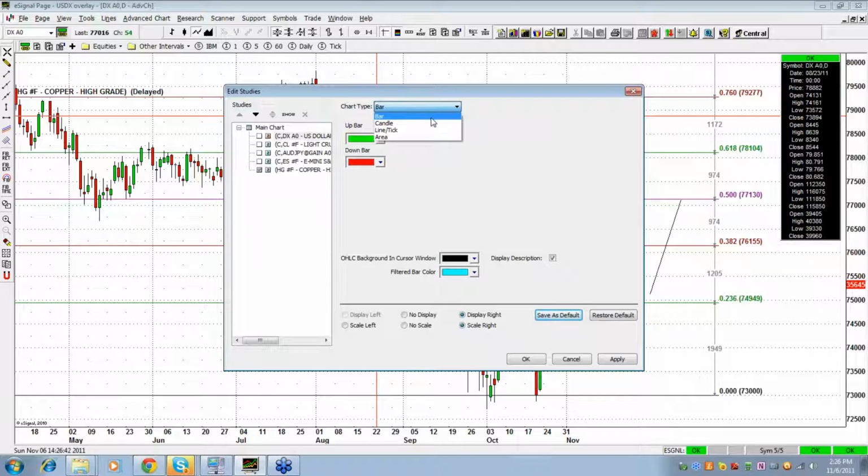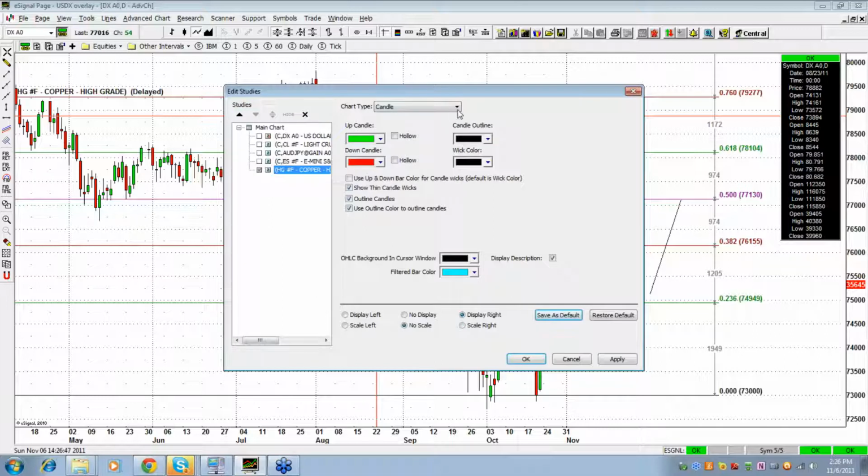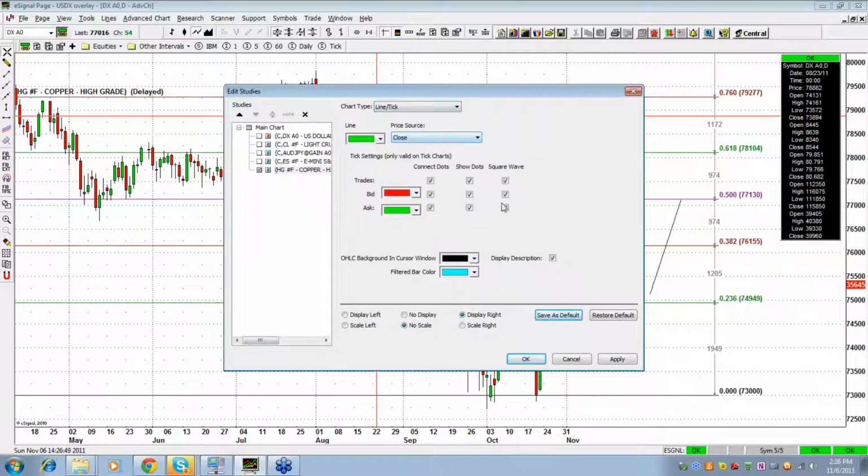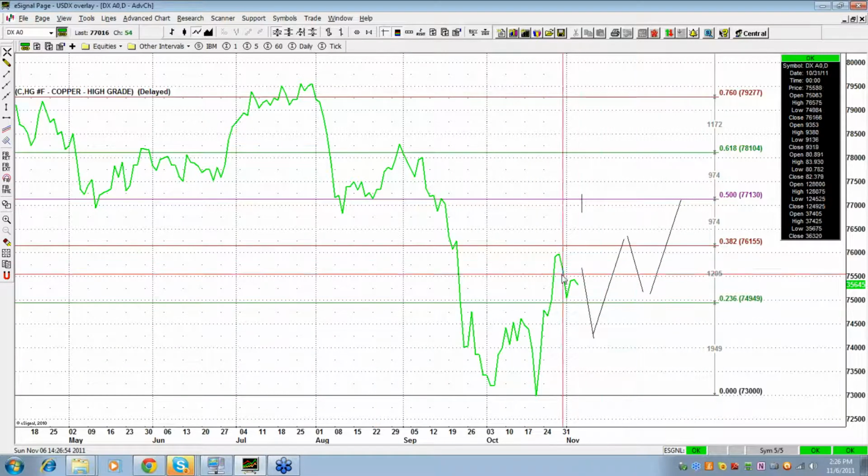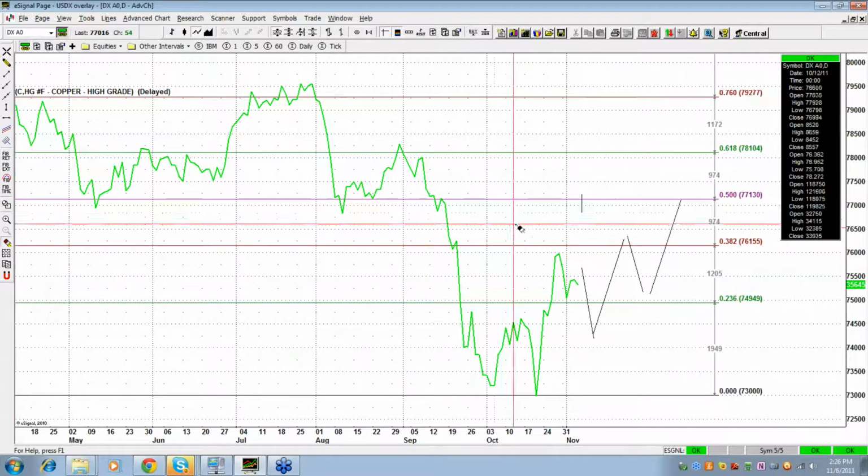One second. Let me get back here and put the line. All right, I'm going to be doing it one by one. This is copper in green. Guess what?